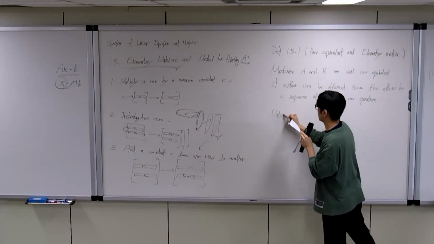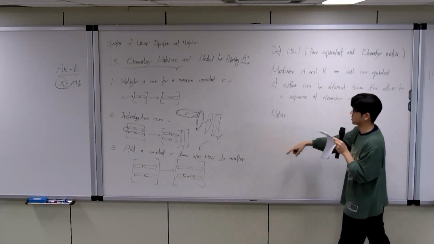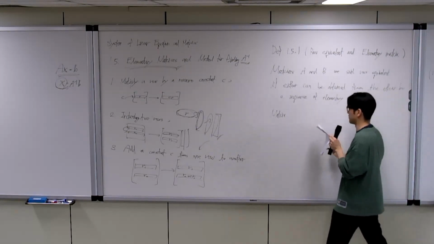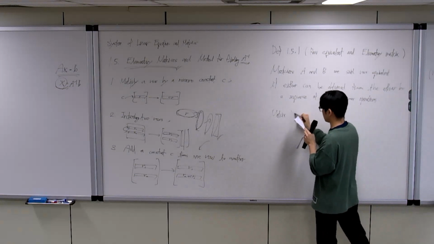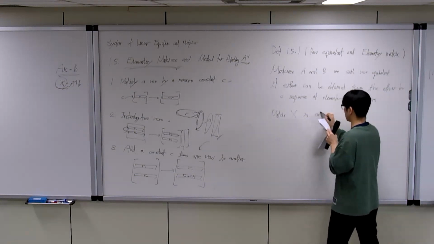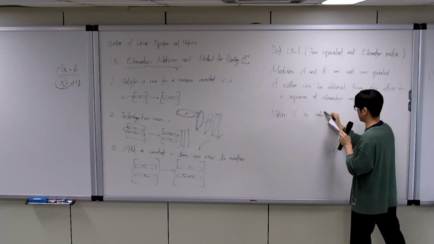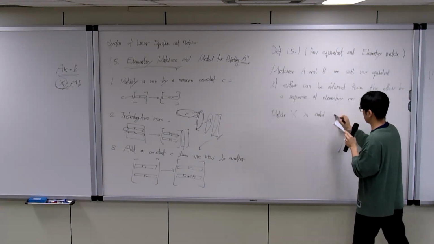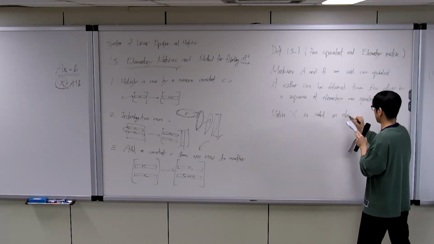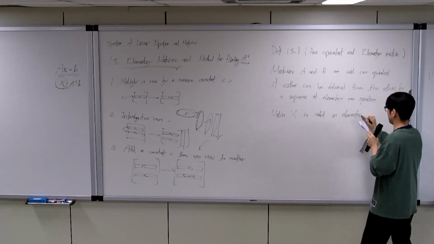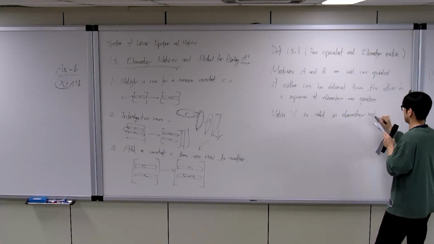and also we will change the row operation into multiplication of a matrix, and the matrix is called an elementary matrix.